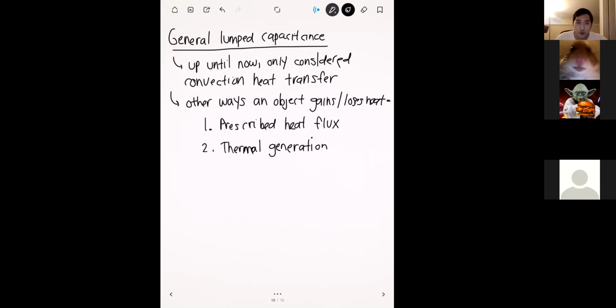If the object can produce its own heat, for example, if you've ever used a heating pad or a hot pack, the way it works is that you crack it, and then some chemical reactions take place within the object that cause it to heat up. That's another way an object's temperature can change. It either generates its own heat, or it could consume heat, which is possible too.